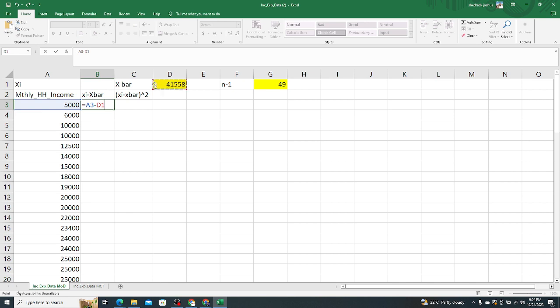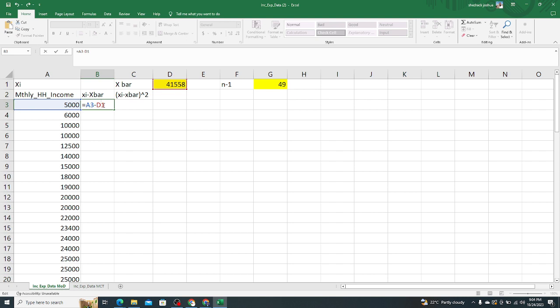Okay, so for this first cell, for the xi cell, we will maintain it the way it is, meaning it is changing throughout the cells below, but we are referencing this cell D1. So basically, we are going to lock D1.